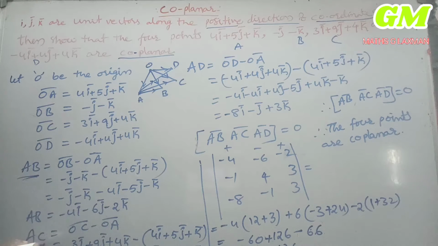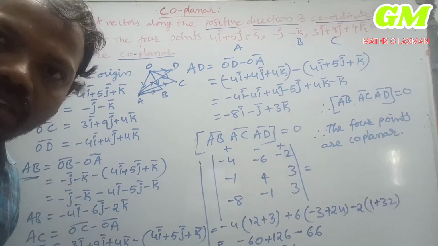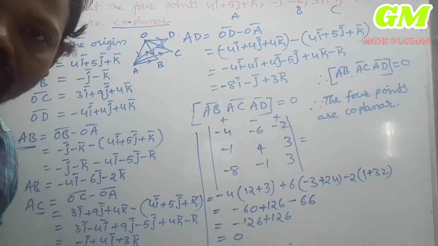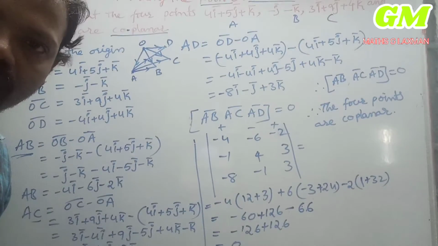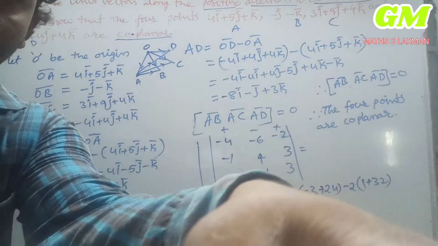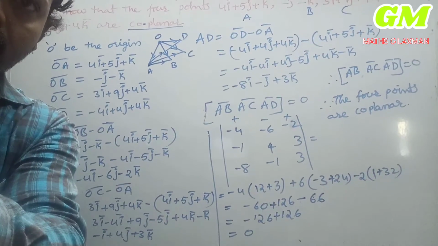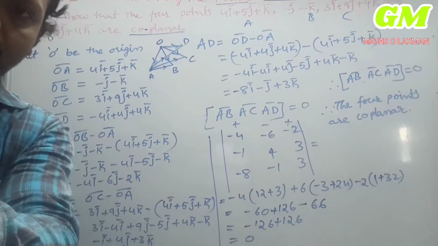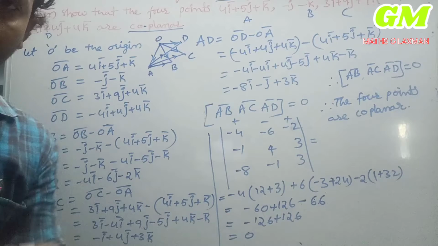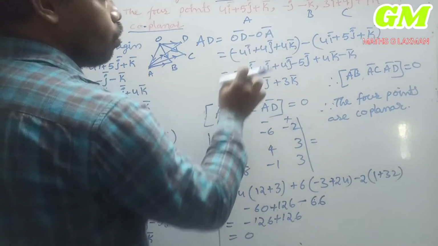Like that, we find AC. AC is minus i plus 4j plus 3k, and AD is OD minus OA.